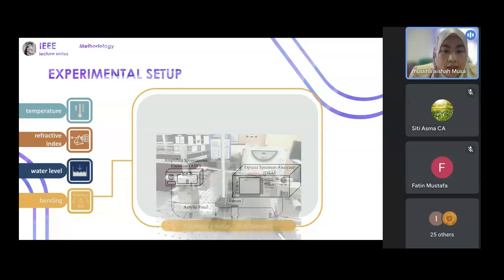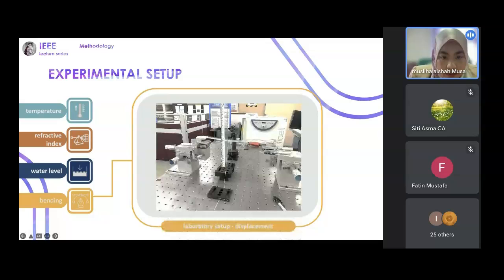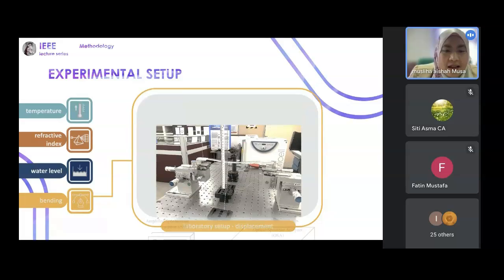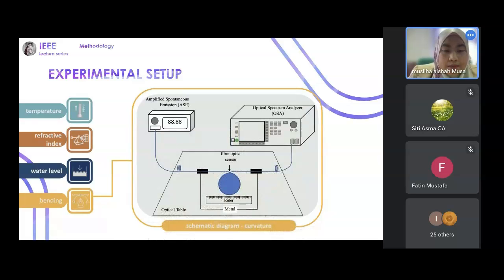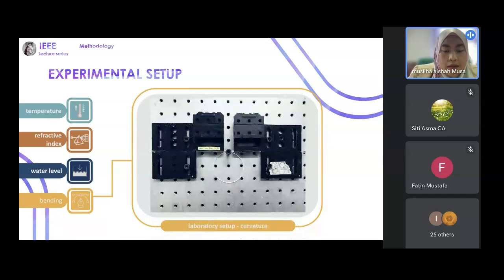We must be creative, because sometimes our lab does not have enough equipment, so if we want to do that, we must be creative. Next is how I do high curvature. I just take a block of metal, so that my fiber is still there and not moving.